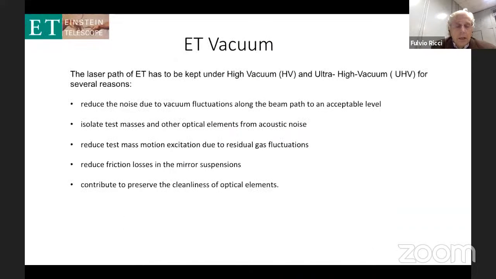So let me try to figure out a bit the situation for vacuum, and then for what concerns the cryogenic systems.